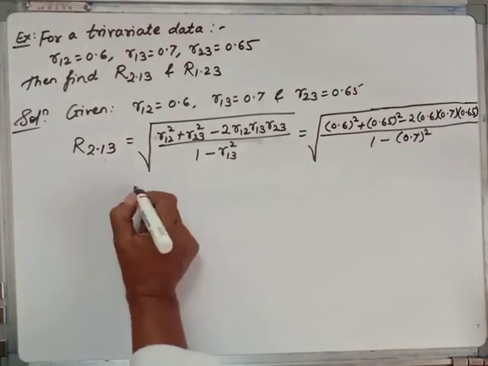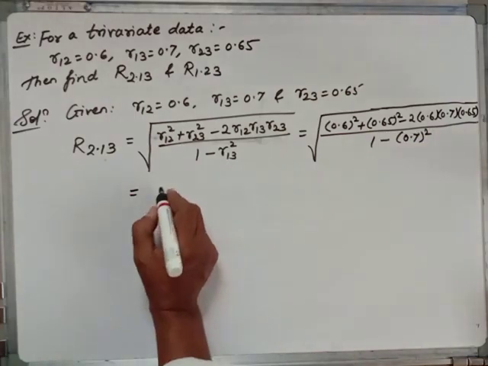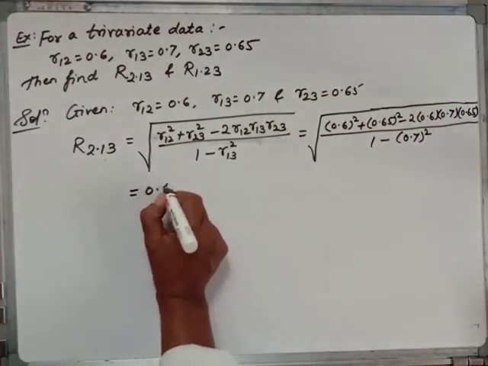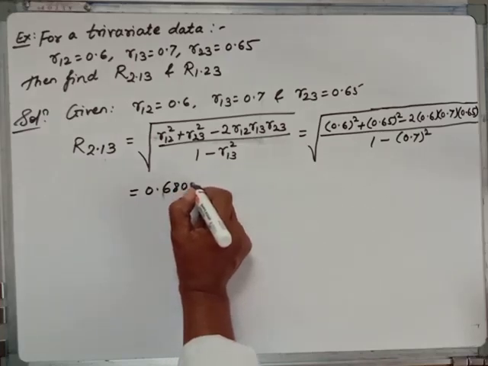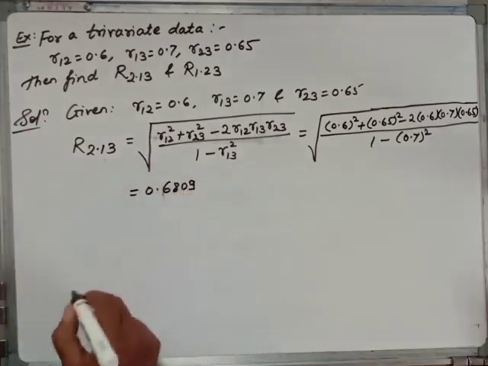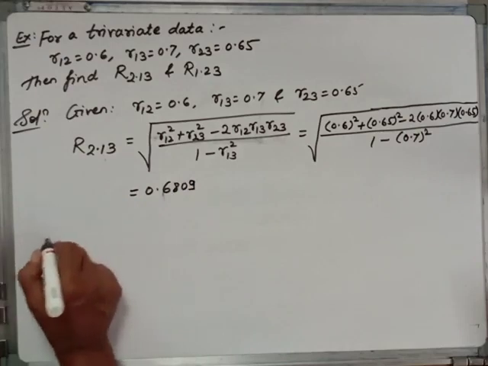Okay, so simplifying, we get it is 0.6809.